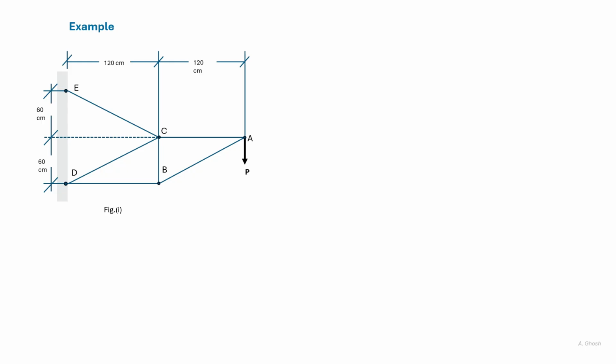Here we take another example of a truss. Now, this ET is a wall, and a force P is acting on the other end of the truss. To solve this truss, we can start from the right side, and we don't need to find out the reactions at E and D. So initially we need this angle.